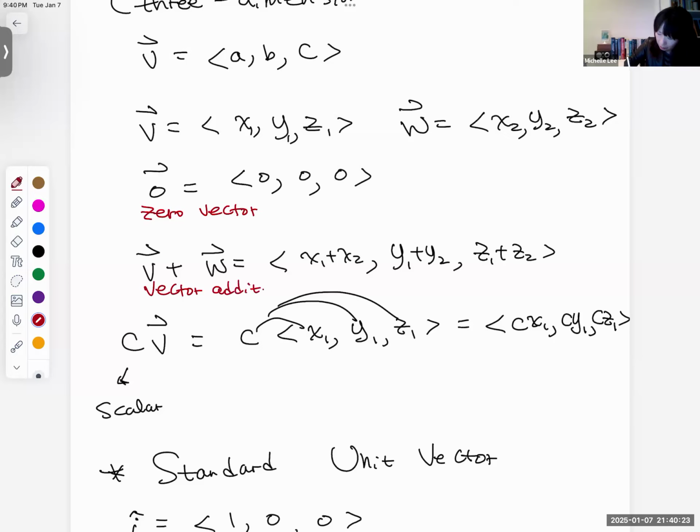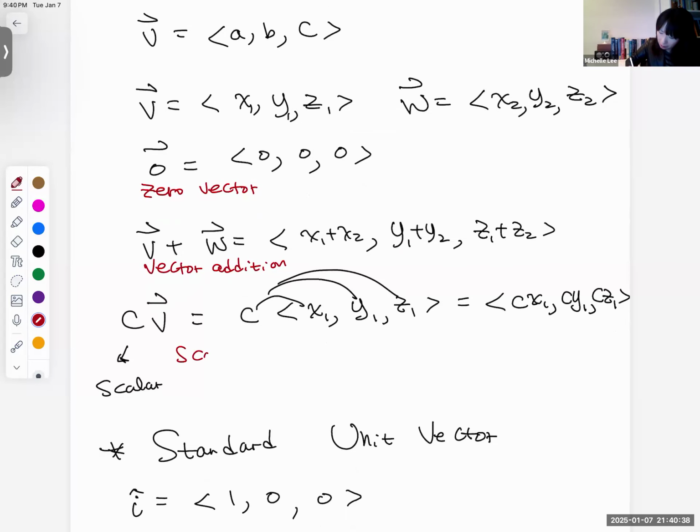We did that last time, right? So we add X component with X component, Y component with Y component, Z component with Z component, right? And then we have scalar multiplication. So we distribute the scalar, then we keep the vectors. We know that this is vector component form, right? Terminology, we should know that.